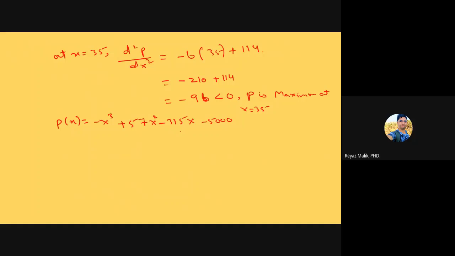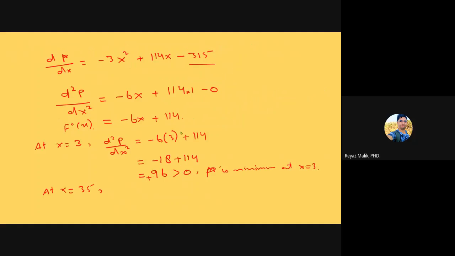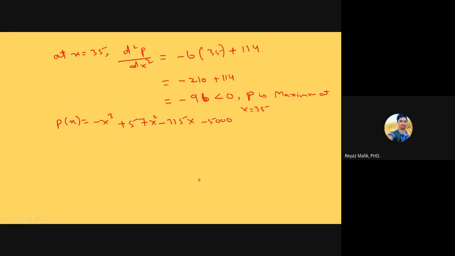In this equation, if we substitute 3 we will get the minimum value. If we substitute 35 we will get the maximum value. So we'll substitute only 35, because our goal is to see at what level of output profit is maximum.